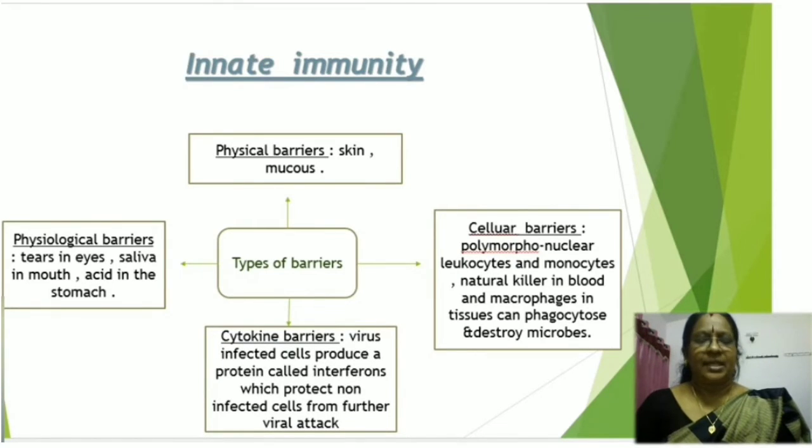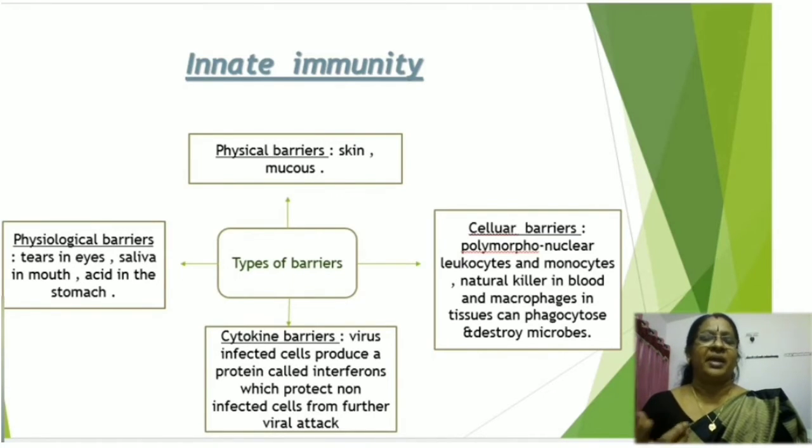The first one is the physical barrier. Skin and mucus are examples of this. Skin is the most important barrier which prevents the entry of microbes into our body. The second one is mucus. Mucus coating the epithelium lines the respiratory, gastrointestinal and urinogenital tract, and also traps microbes.